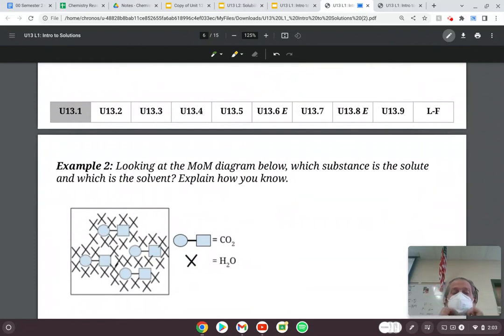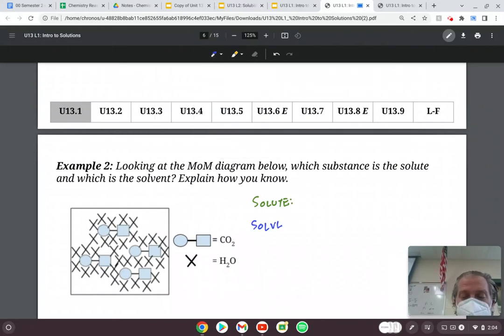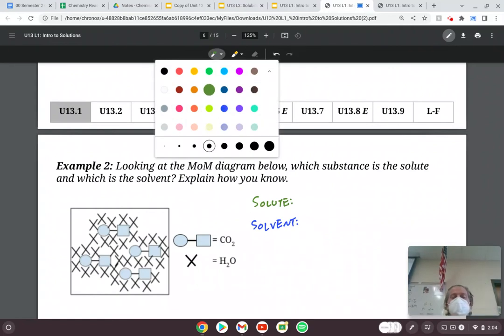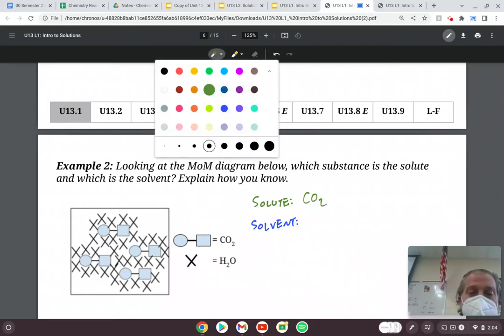Looking at this, I see CO2 and I see water. If I'm going to try to identify the solute versus the solvent, anybody want to venture a guess as to which one is the solute? CO2. Agreed. That would be the CO2, making the solvent the water.